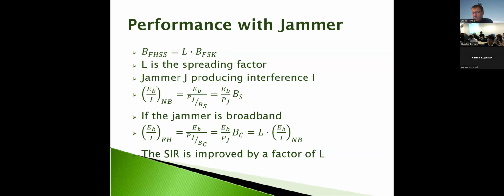If we force it to spread that over a larger bandwidth, then its effect is diminished by this factor of L. So our signal to interference ratio is improved by a factor of L by operating our signal over a wider bandwidth and forcing a crude, unintelligent jammer to spread its energy over that wider bandwidth.